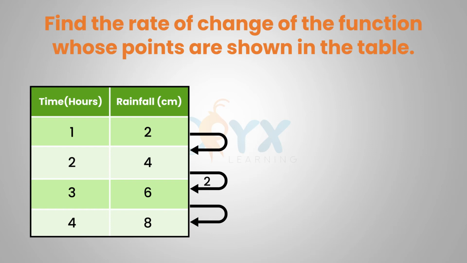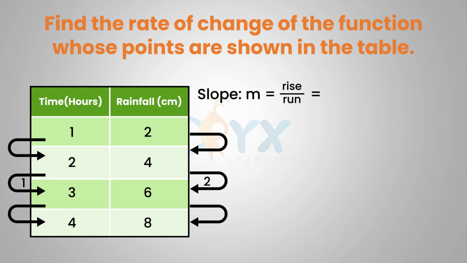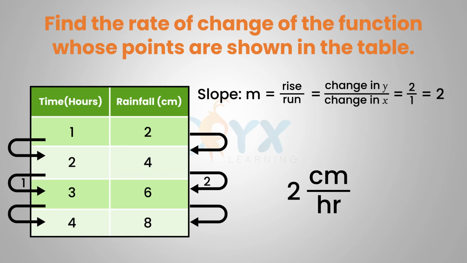For the x value, the time in hours, we can see that the increase is 1, from 1 to 2, 2 to 3, and 3 to 4. Each time it goes up by 1. Therefore, the slope, or the rise over run, the change in the y's over the change in the x's, is 2 over 1, or just 2. So our rate of change in this case is 2 centimeters per hour.